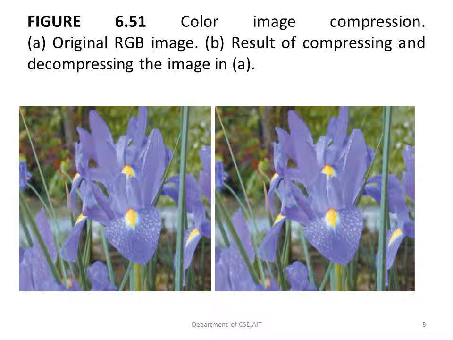Here we are going to see color image compression. This figure A is showing a 24-bit RGB full color image. We know that when it is a full color image, R is represented by 8 bits, green 8 bits and blue 8 bits. So totally we have here a 24-bit RGB full color image of an iris flower, in which we have 8 bits for each of these components.